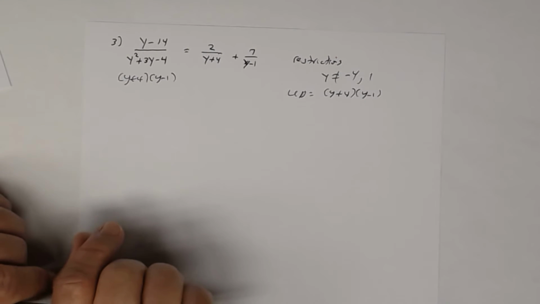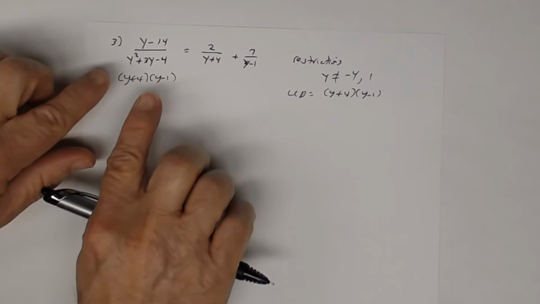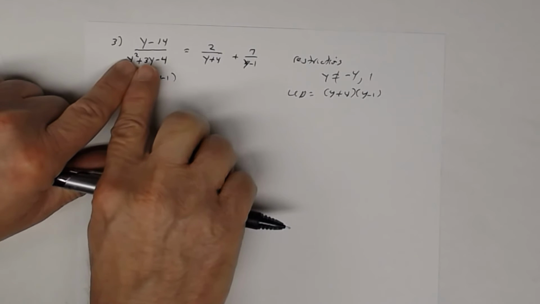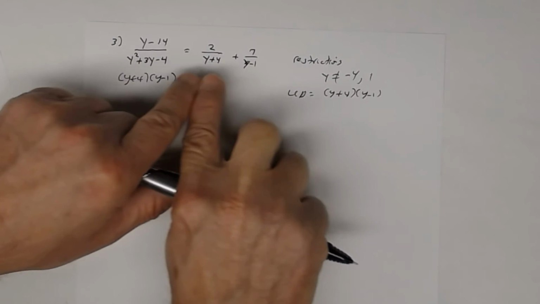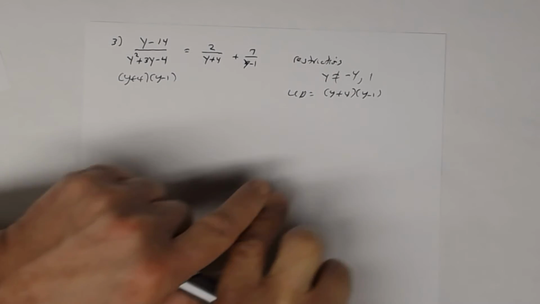the least common denominator. And so basically when you multiply both sides by the least common denominator, every fraction you see is going to be multiplied by the least common denominator.